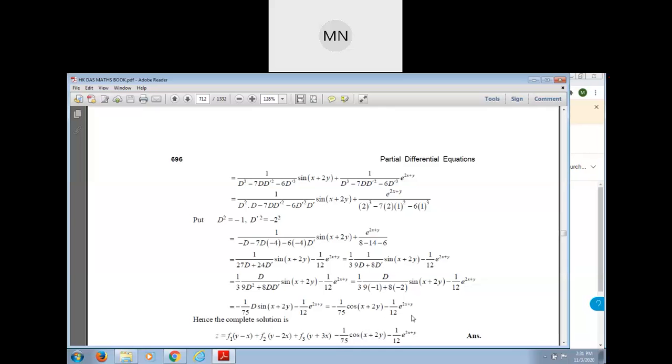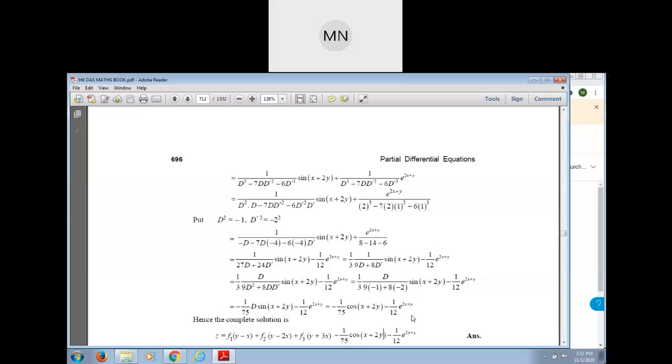Yes, ma'am. So the conclusion of this problem is what? If we are given the sum of two functions, trigonometric or exponential, your aim is to separate both the functions, because there is no formula for the combination of sine and exponential functions. We have formulas only for sine function, cosine function, exponential function, and for a binomial term, x power m, y power m.